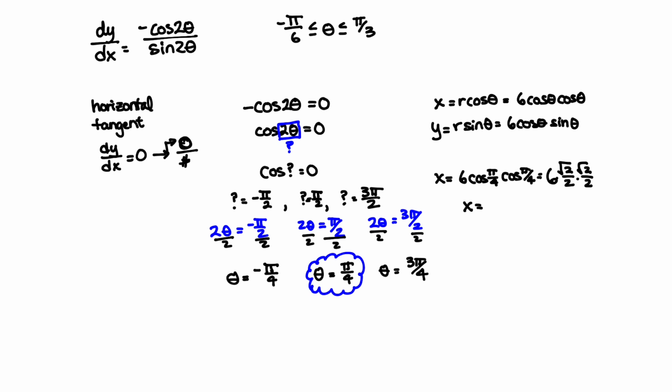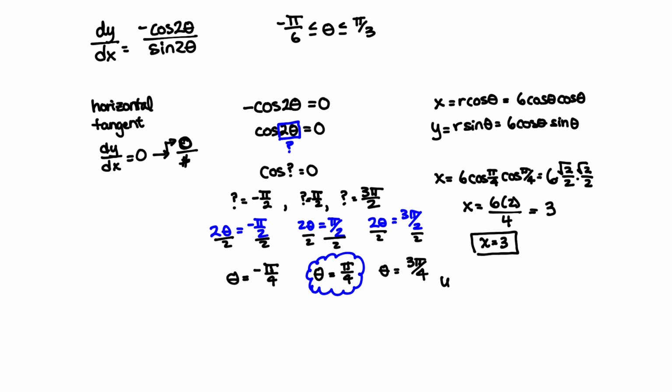And that means x is just going to be 6 times 2 in the numerator divided by 4. And that's 12 divided by 4, or just 3. So our x value, where we have a horizontal tangent line, is going to be at x equals 3.